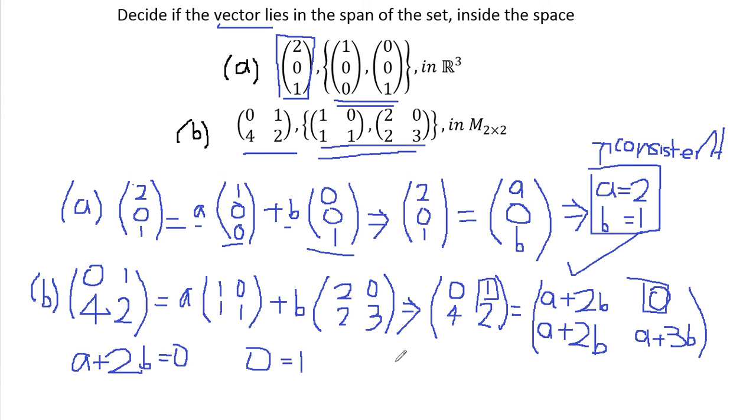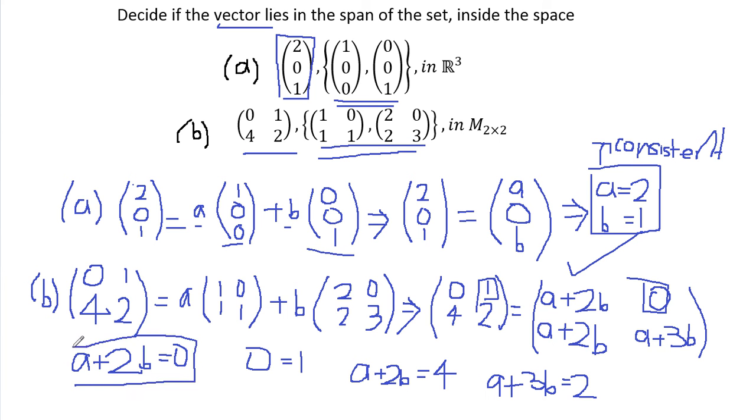From the second row, first column, you get A plus 2B equals 4. And from the second row, second column, you get A plus 3B equals 2. So you notice that the solution is not consistent. Why? From here, A plus 2B equals 0, 0 equals 1, and this also.